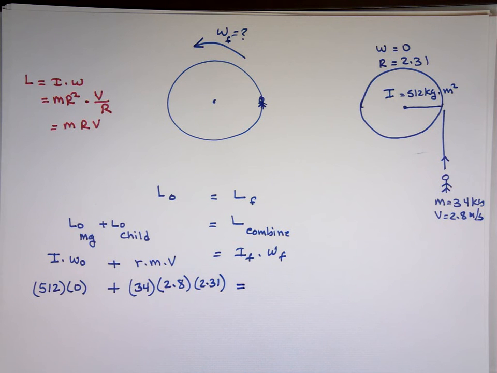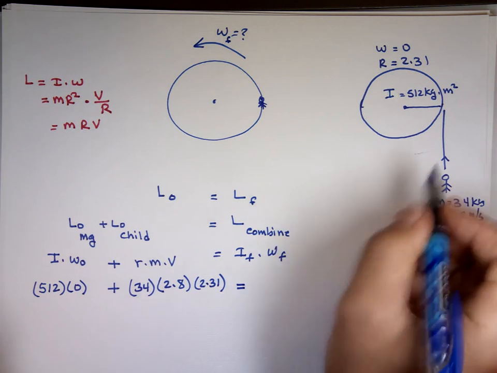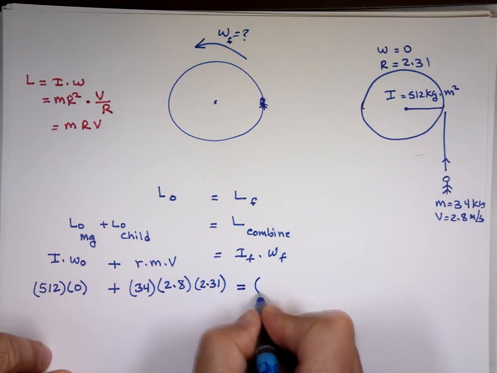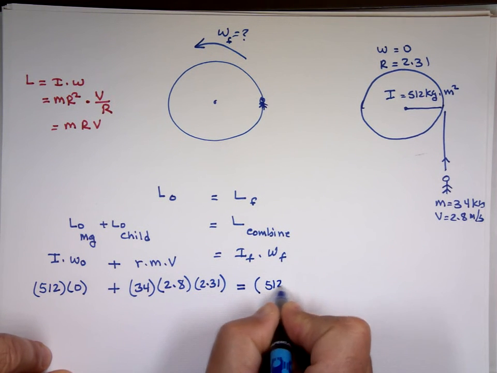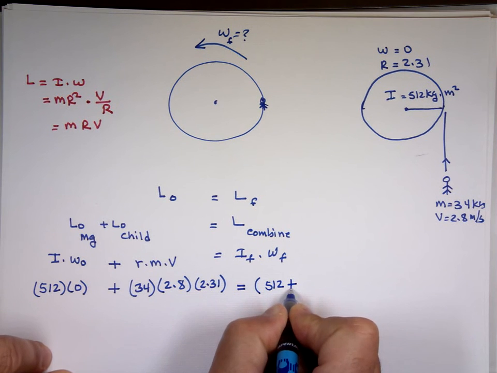And now we need to find what the new inertia is. Now the child is sitting on that. The new inertia is going to be whatever the old inertia is, which is 512, plus the inertia of the person, which is m r squared.